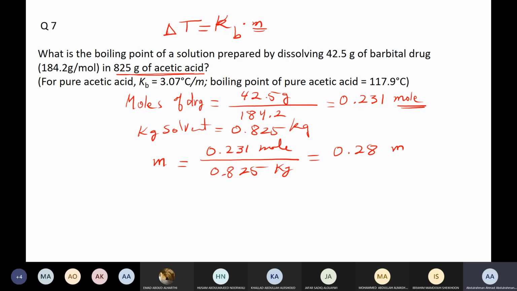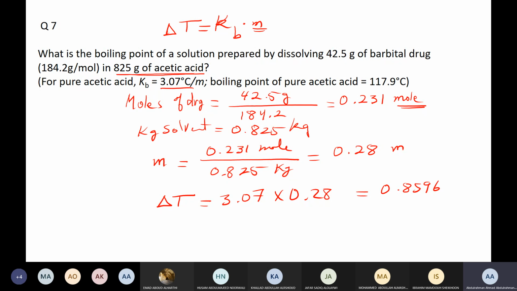Molality, small m. Then what's delta T? 3.07 times 0.28. What's the answer? 0.8596.